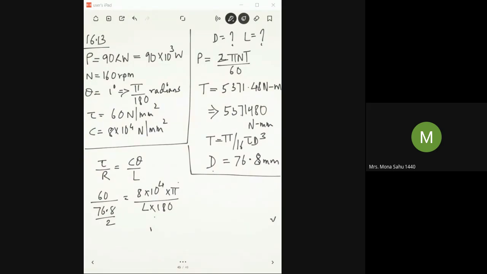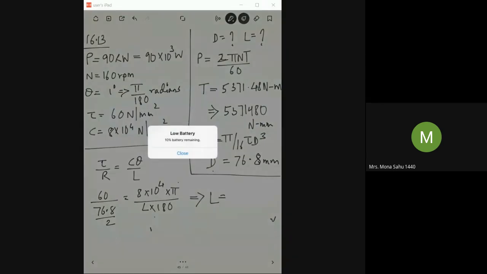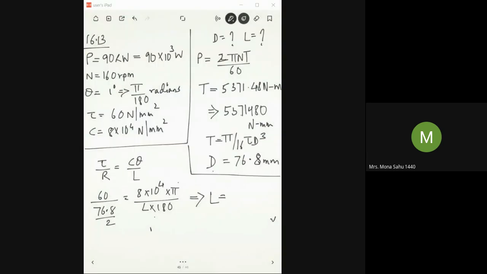So pi is nothing but 3.14. Okay, with this you can easily calculate what is L. I'll write the final answer, you guys can do the maths. So you have 5 minutes, please solve. If you have any doubts, you can ask me. I will take attendance while you guys are solving.